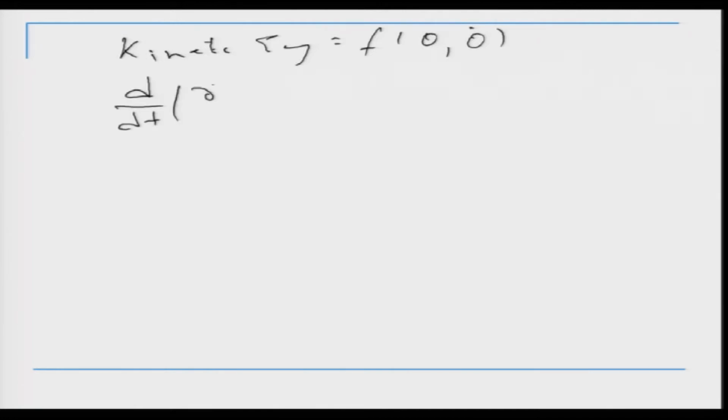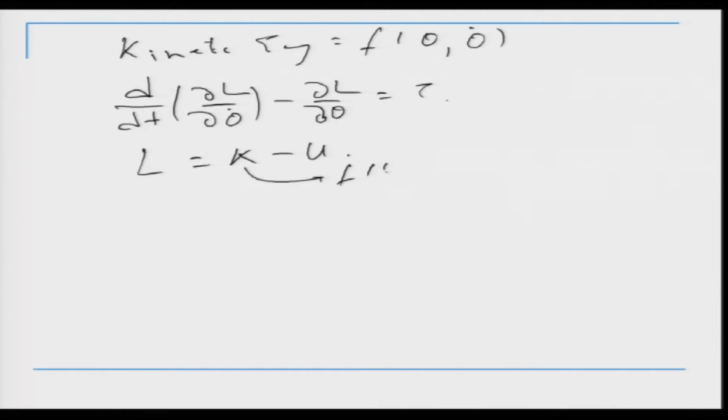So, basically what we are saying here is that the kinetic energy of the system is a function of θ and θ̇. So, in our equation here, d/dt of ∂L/∂θ̇ minus ∂L/∂θ is equal to τ, I can say that L is equal to kinetic minus potential energy, and this kinetic energy is a function of θ and θ̇.